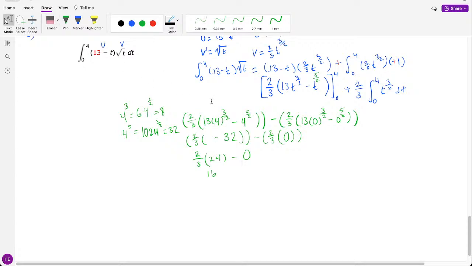So that's 104. Um, 104 minus 32 is 72. Can that be divided by 3? It can. Then times it by 2. So 48. Okay.